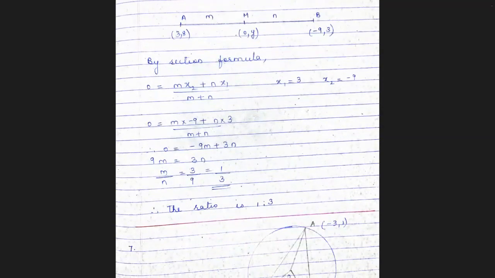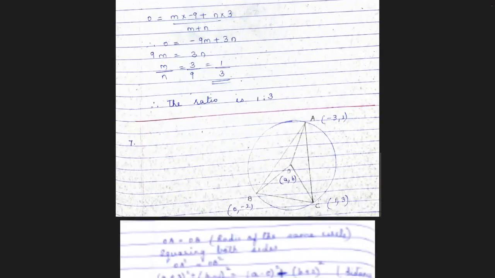So substituting x2 and x1 at these places, m and n we don't know, using this equation you get m is to n is 1 is to 3. So this is how you have to do it. Next, question number 5 and 6 again are similar to the ones in your exercise.